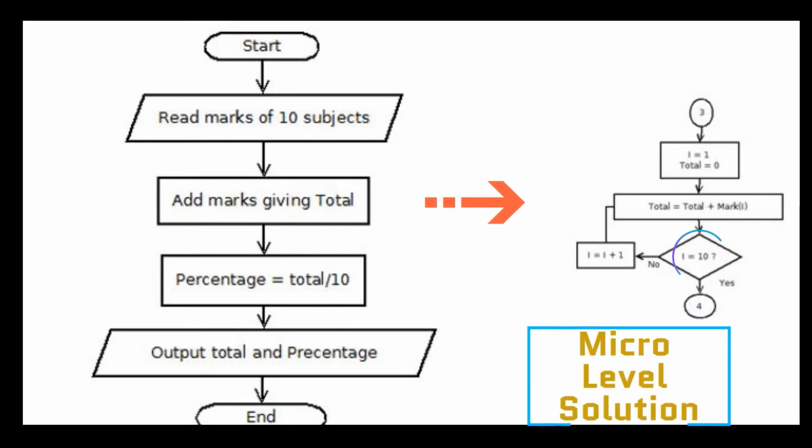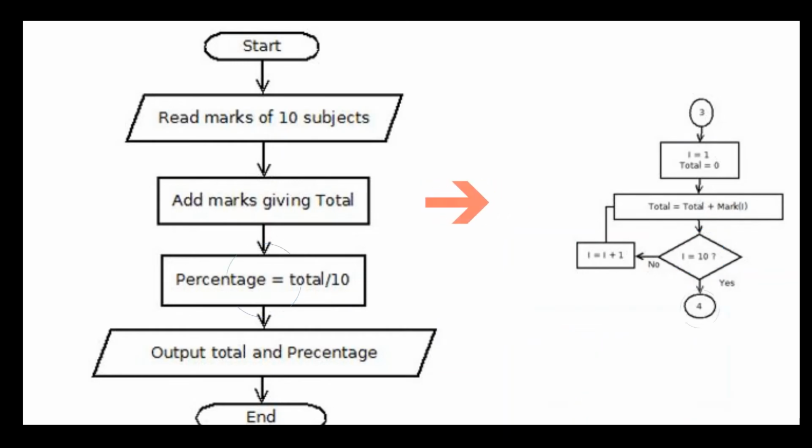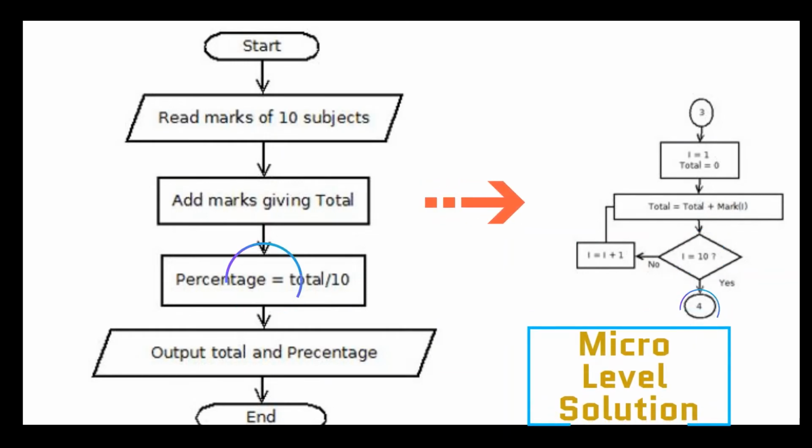Here also you have to make a decision to check whether I is equals to 10. If I is equals to 10, that means yes, then you can go to the next step of finding the percentage by dividing the total by 10.